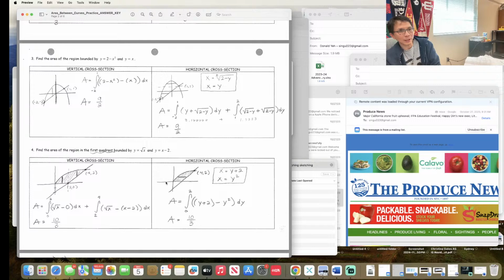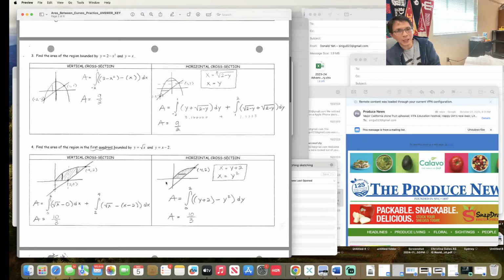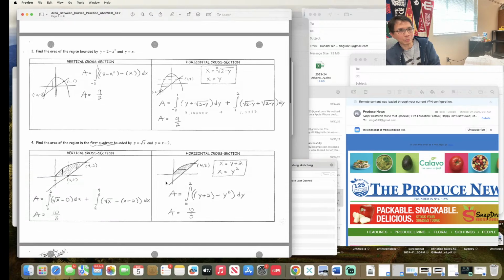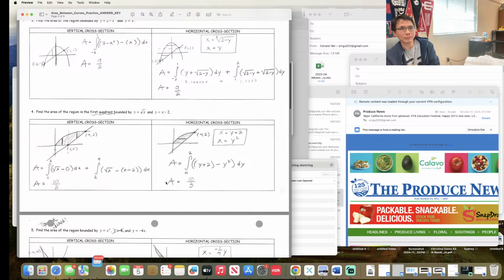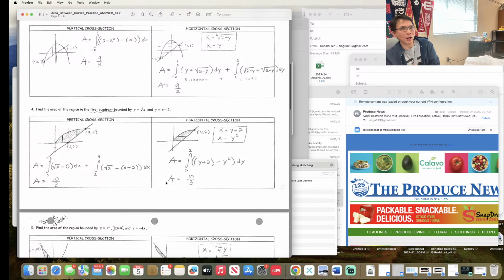It's bounded by the first quadrant, so you have to probably do it in terms of y. Is it better than doing it in terms of x? We're gonna talk about that in a second. Because y only needs one integral, x has to do two integrals.